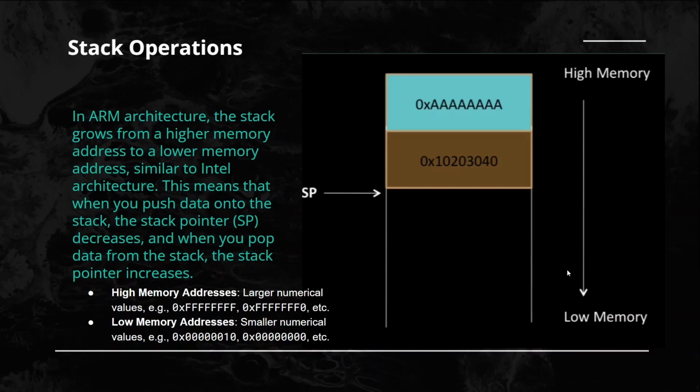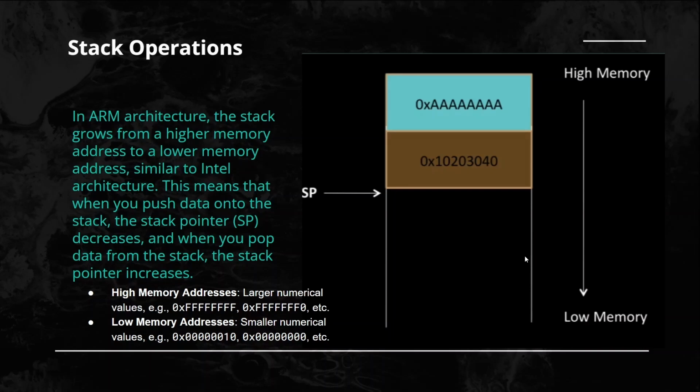We use the stack for storing temporary data such as local variables of some function. The stack moves from the high memory location to the low memory location. When we say this, a high memory address refers to a memory address that is numerically larger compared to the others within the same memory range.